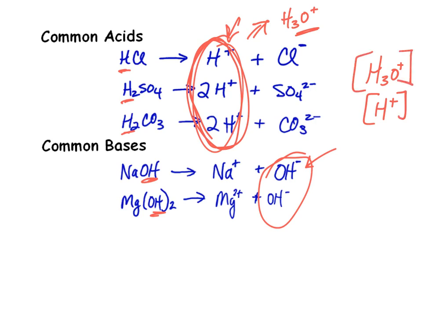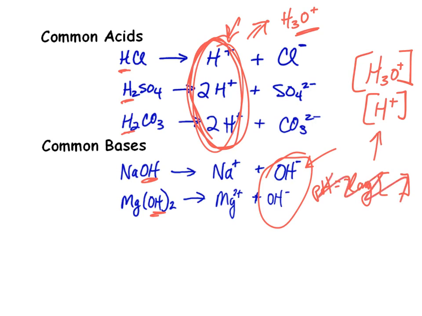So pH is actually a measure of those things. We didn't really go into full detail of that, but the concentration of this ion is what we mean by pH, and it has to do with logarithms. If you take the negative log, that's how you get pH.